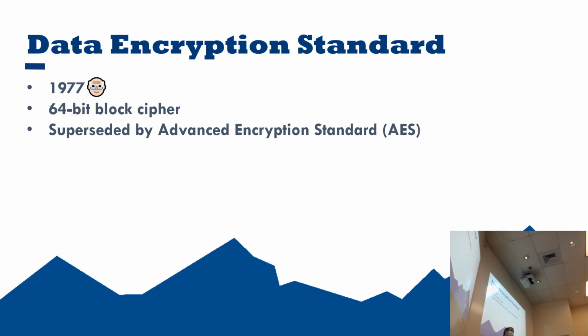All right, Data Encryption Standard, 1977. That's why I have the old man emoji. That's pretty old, right? This is using a 64-bit cipher, and in most contexts, actually in every context, it's going to be superseded by more modern standards like AES. It's a very weak algorithm.